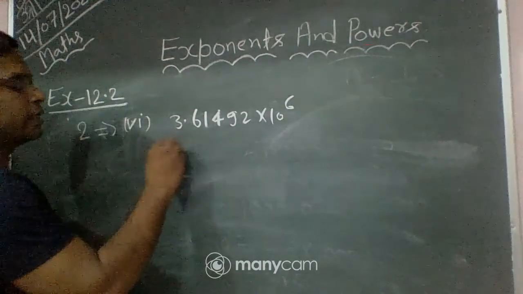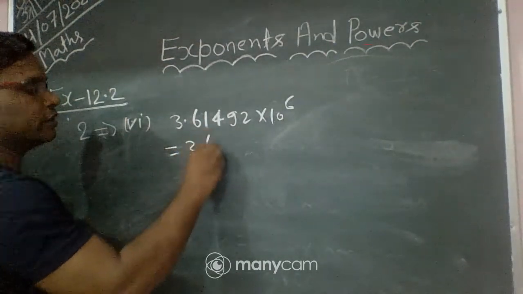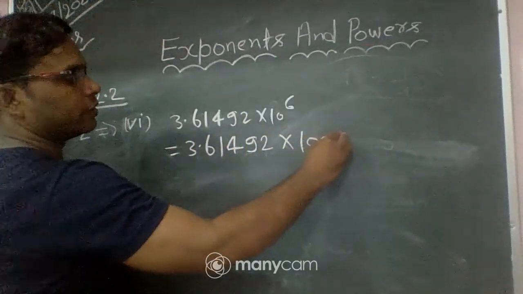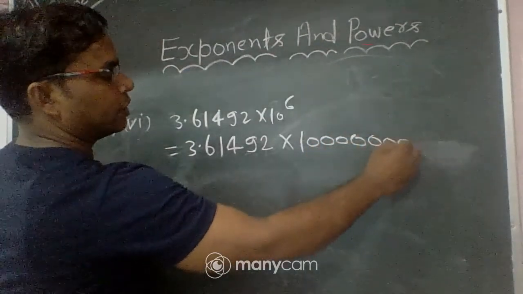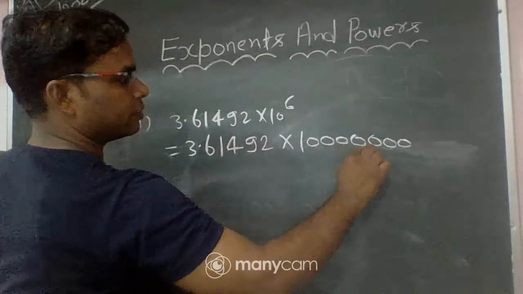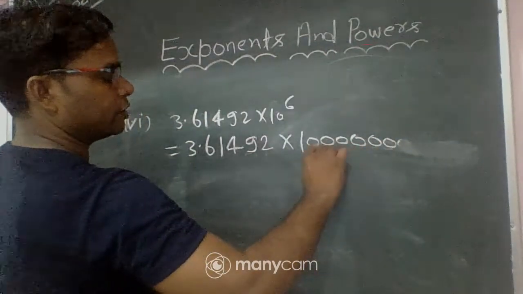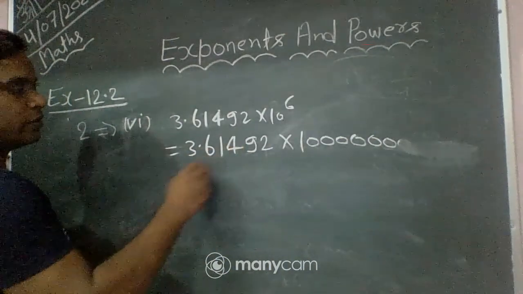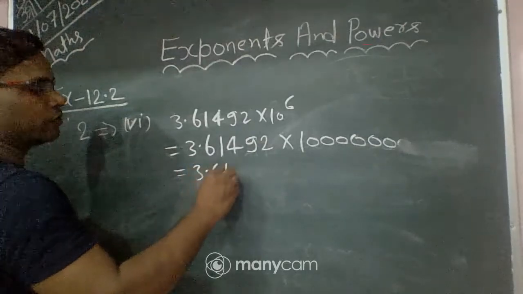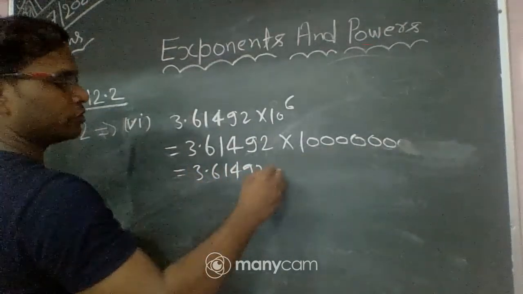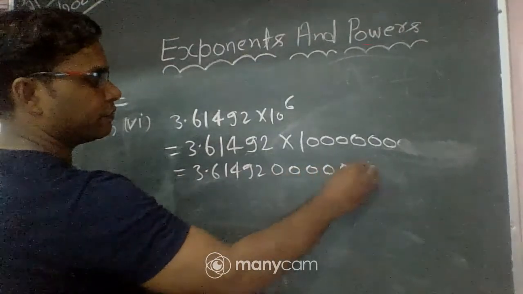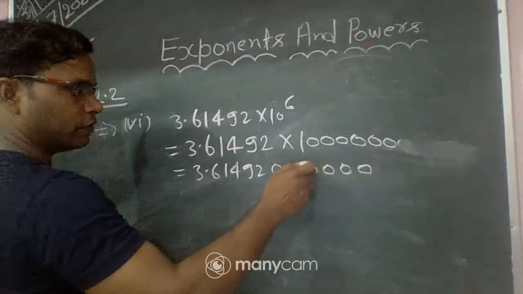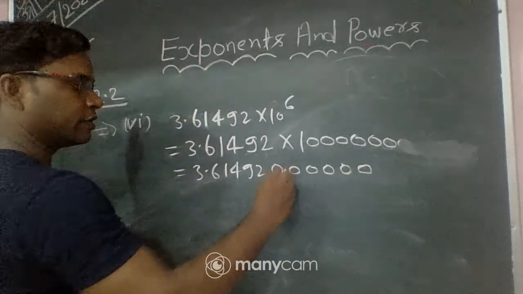So you can write it as 3.61492 into 10 lakh. Here the decimal is after 5 digits. How many zeros? 6 zeros, 1, 2, 3, 4, 5, 6. So the decimal moves after 5 digits, 1, 2, 3, 4, 5.